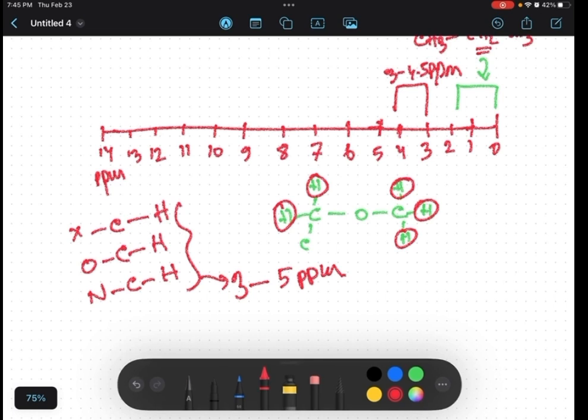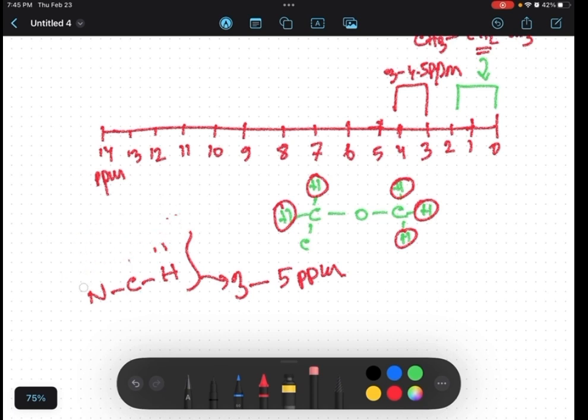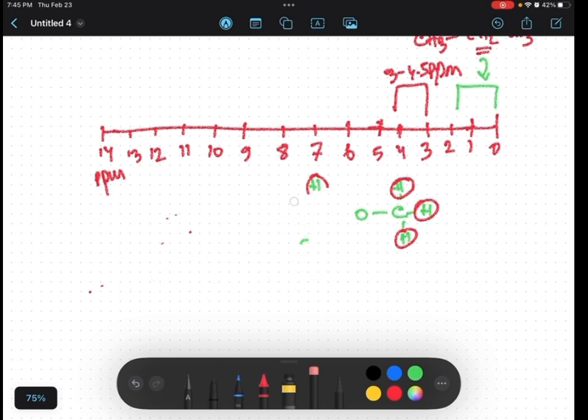So let's do some other assignments. If you know those things, you can immediately understand some important pieces from the proton NMR spectrum.